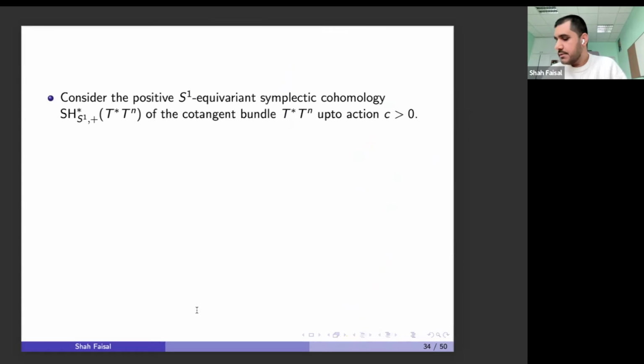So consider the positive S1-equivariant symplectic cohomology of the quaternion bundle up to some action C. C is basically the area of the holomorphic sphere I stretch. You can fix that, but I just keep it.